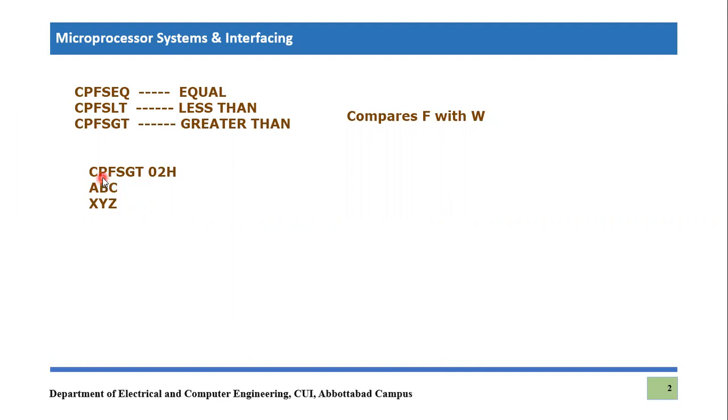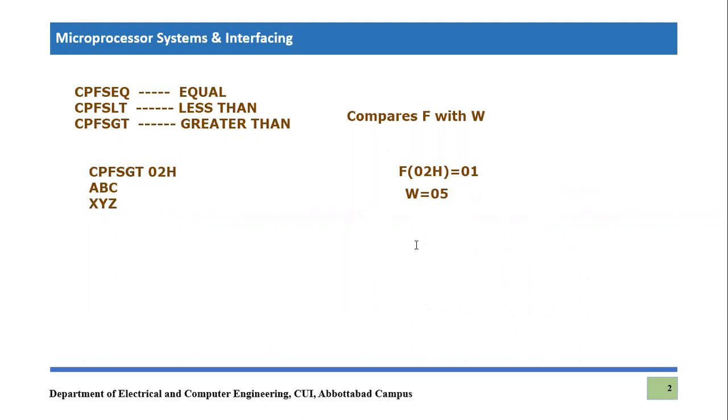It will compare the content of the 02 hex file with the content of the working register, right? So let's say the file register 02 hex value is 01, and the working register content is equal to 05 hex.